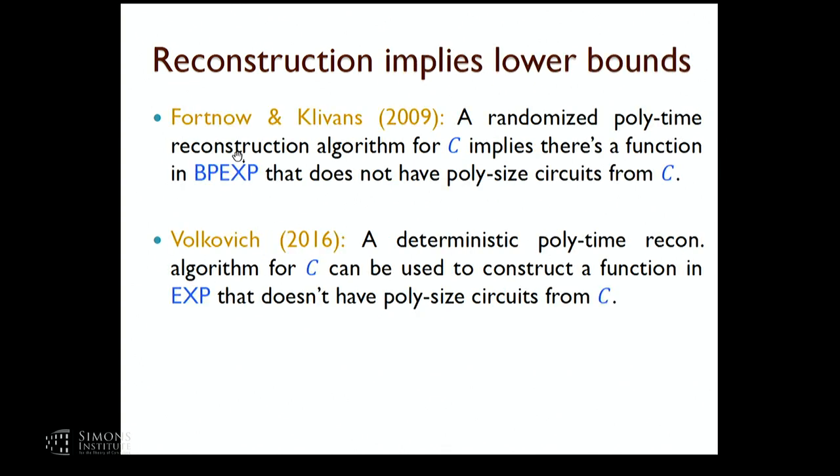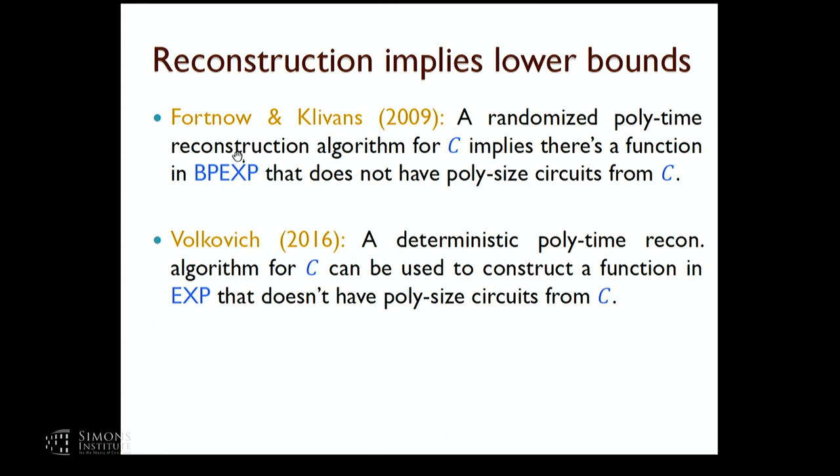Okay, so unfortunately, reconstruction turns out to be a hard problem. It is at least as hard as lower bounds because of the following results. The first one is by Fortnow and Klivans from 2009, who showed that a randomized polytime reconstruction algorithm for a circuit class C implies explicit lower bounds for the same class C. In particular, it will show the existence of a function from BPEXP, the exponential time version of BPP.